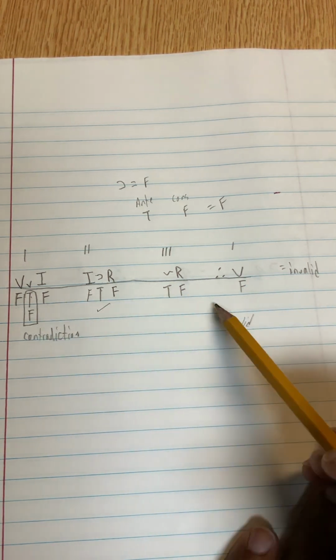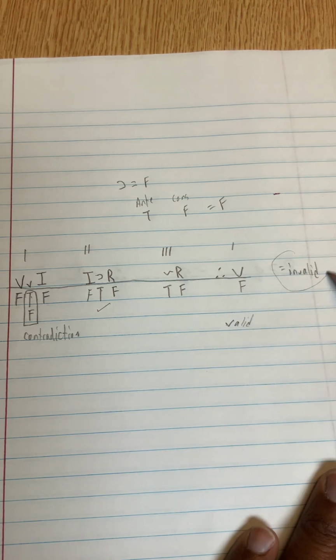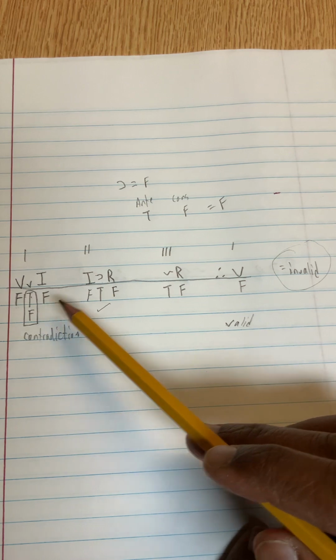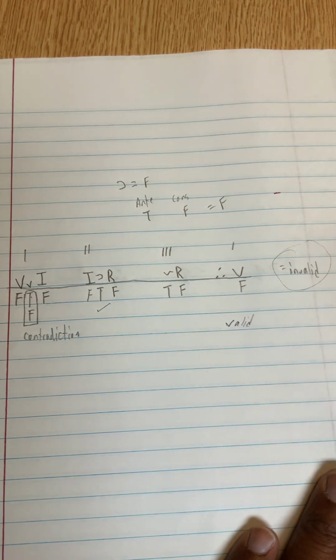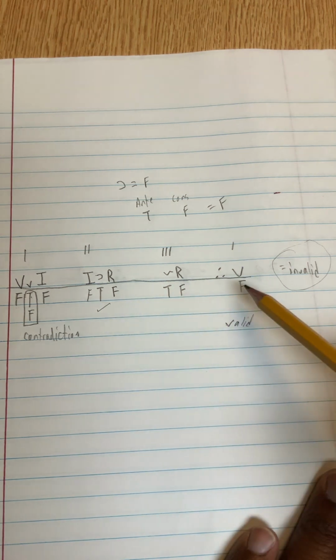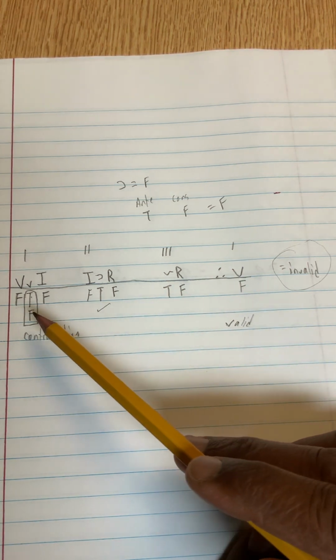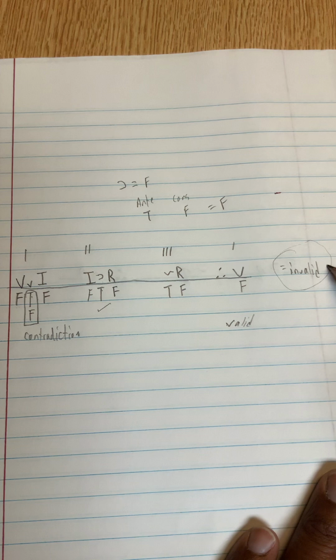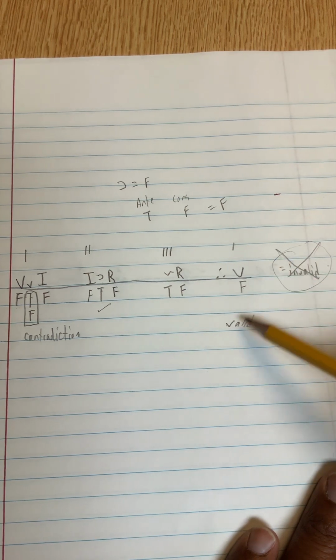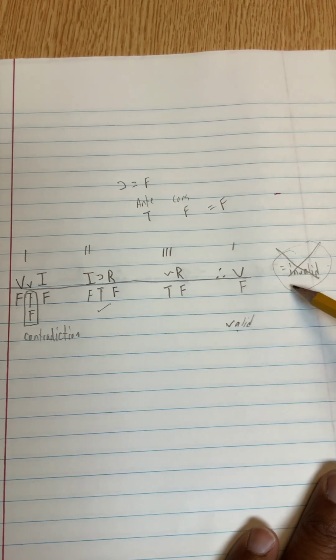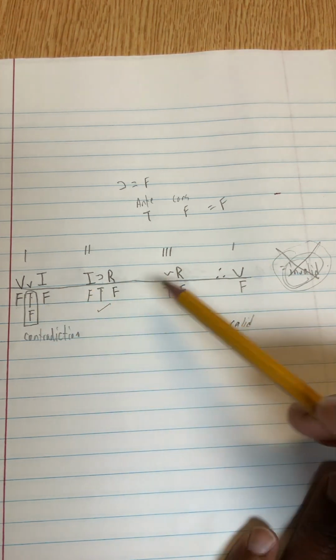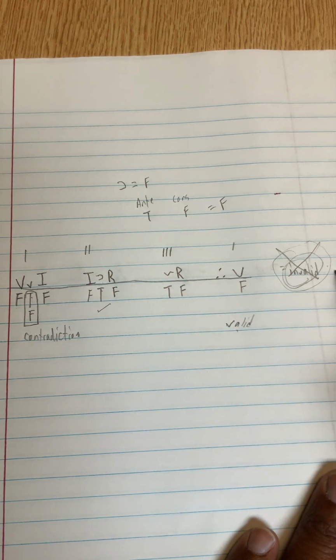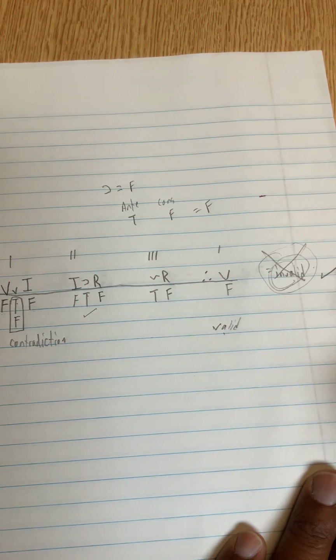Think of this as a hypothesis: I'm guessing that this argument, without even having to work it out, is invalid. Once I work through it backwards, I find a contradiction. My hypothesis was wrong, therefore it's valid. But if I made this hypothesis and I found no contradictions, then I was right. It is an invalid argument.